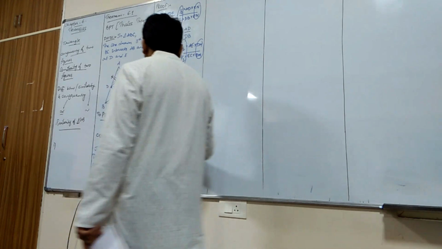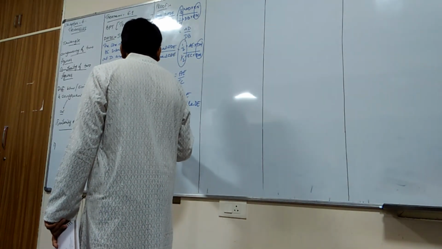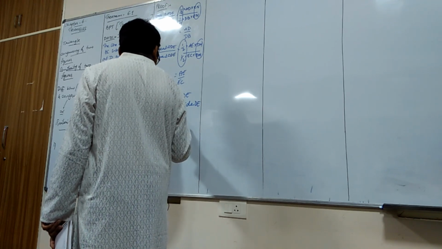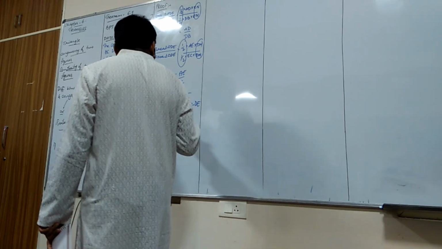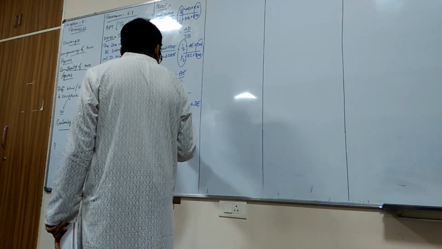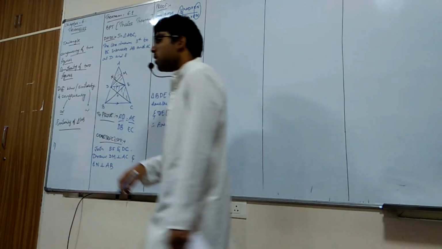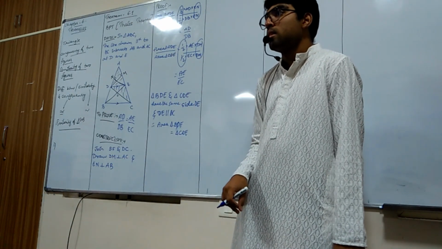Okay, so therefore area of triangle BDE is equal to triangle CDE. Right? Yes.